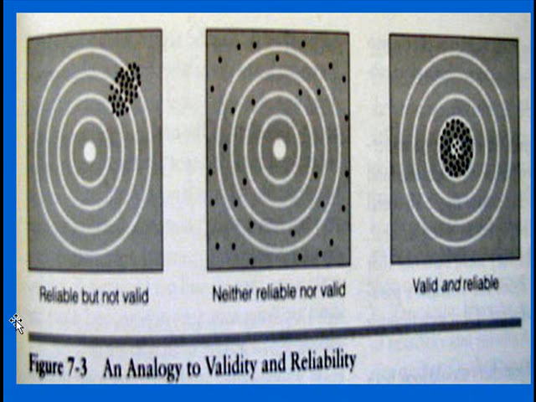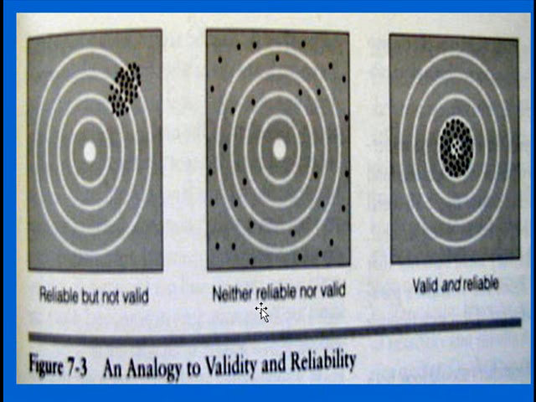So if you were to shoot at a target, this is a good analogy of a measure. I guess your shotgun would be your measure. The first is a reliable measure, because all your shots are consistent. The next one, you can see the shots are just all over the place.